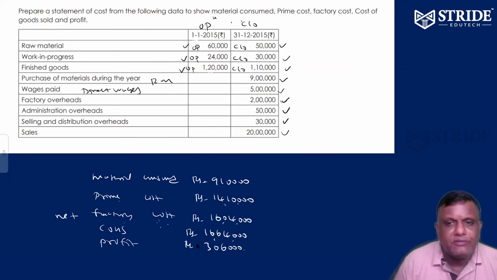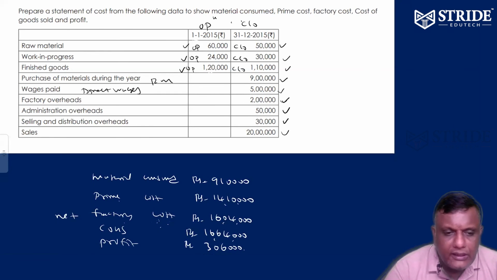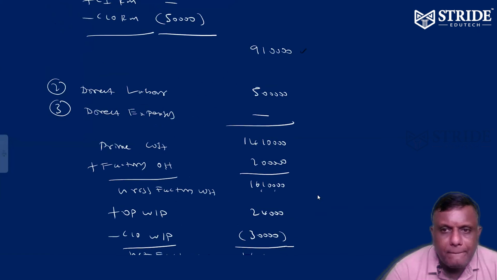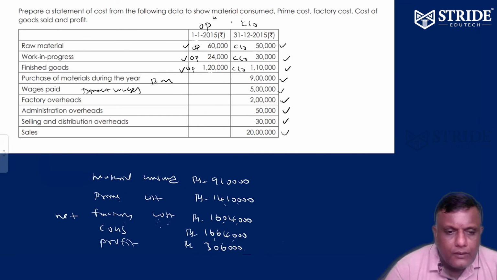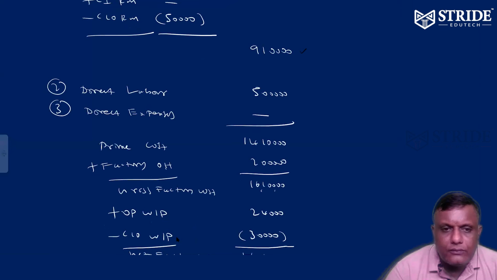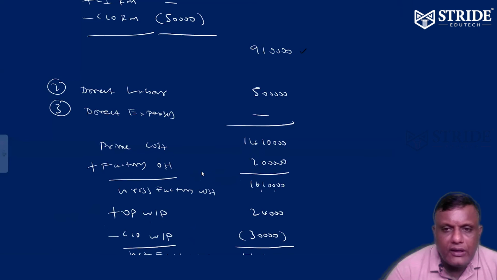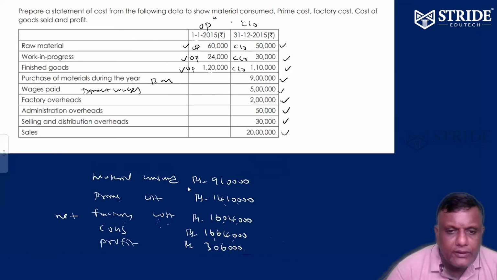So they're asking you 5 questions, and the 5 questions are over. Material consumed 9,10,000. Prime cost 14,10,000.